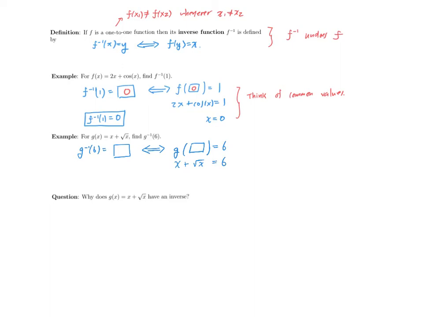And by inspection, note x equals 4 is a value that works. And because g of 4 is equal to 6, the inverse of g at 6 must be equal to 4, because the inverse undoes the function. So just to summarize, g inverse of 6 is the number 4.